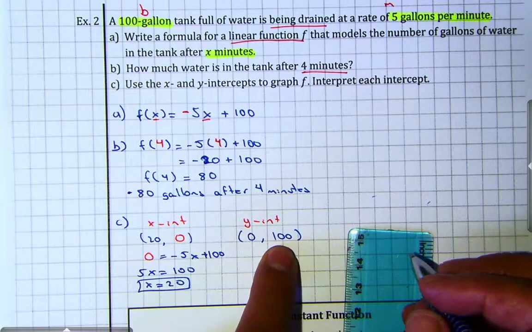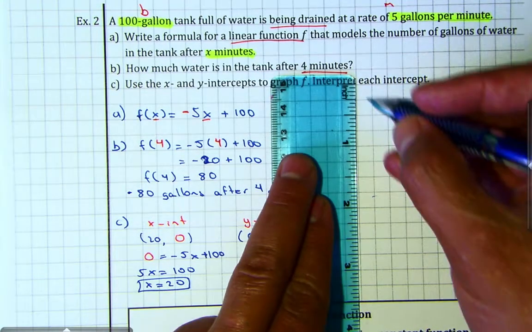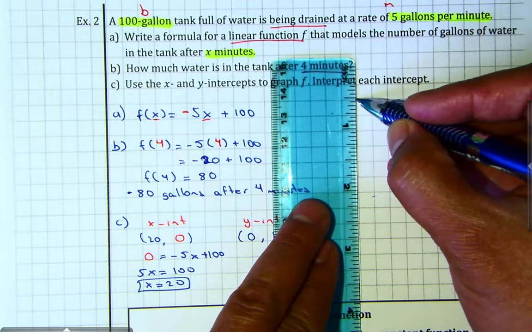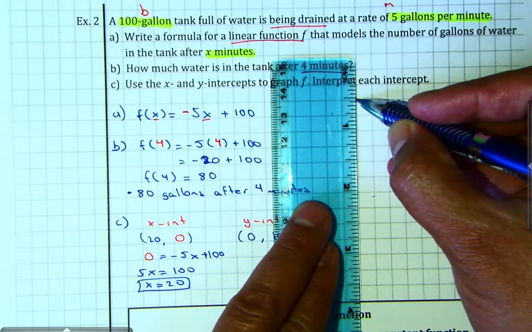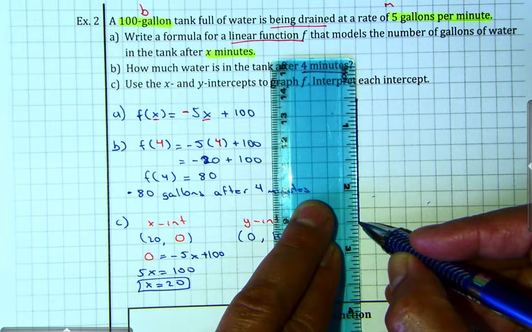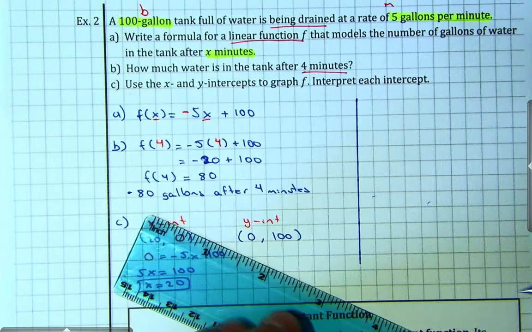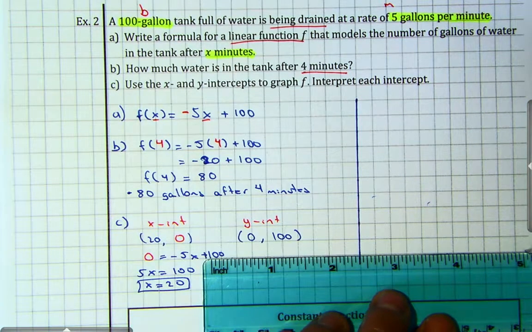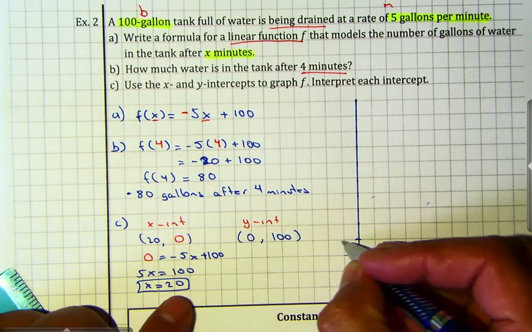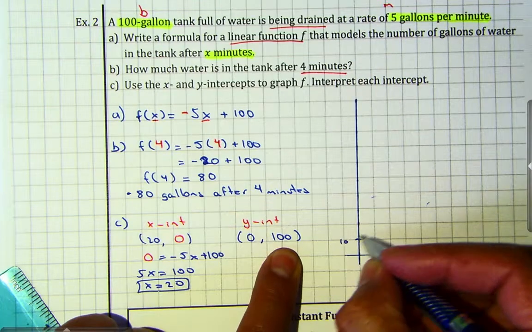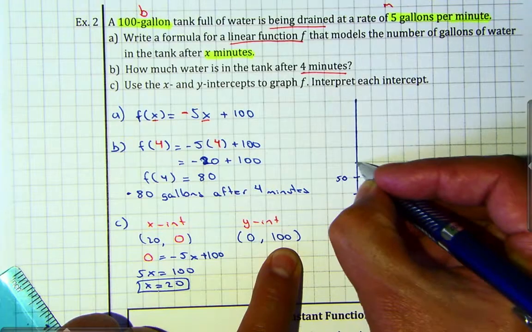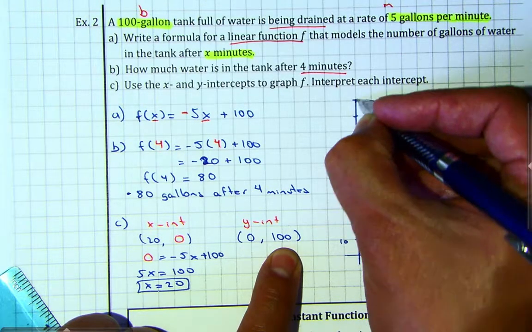My y-intercept is 100. So I need to go all the way to 100, so I'm going to make this every 10: 10, 20, 30, 40, 50, 60, 70, 80, 90, 100.